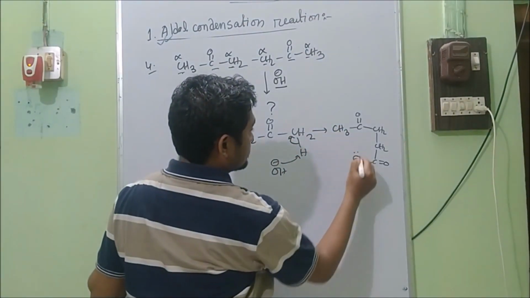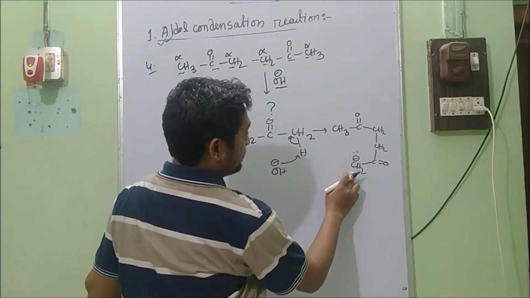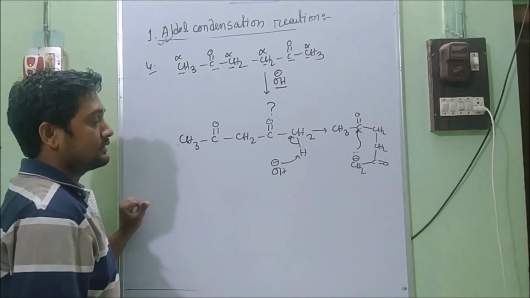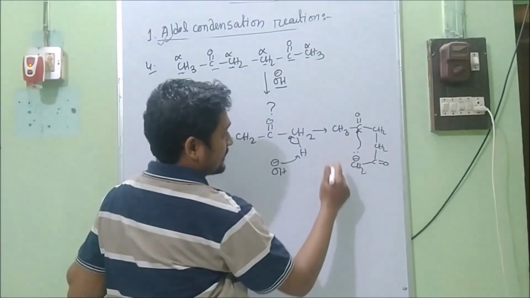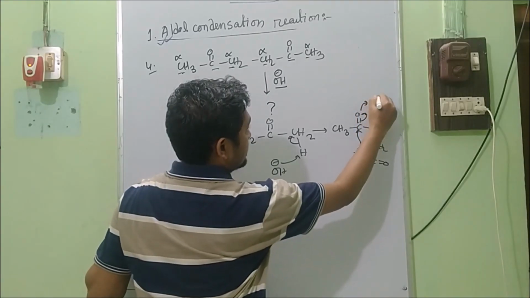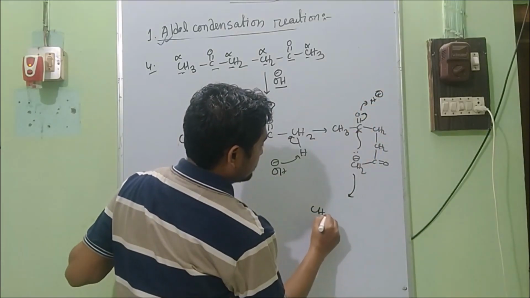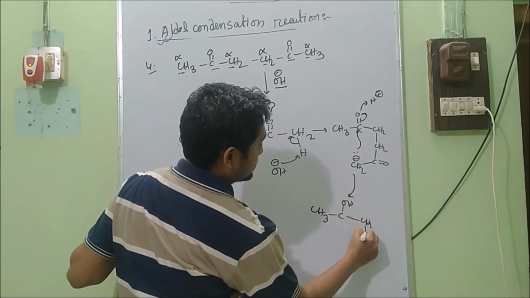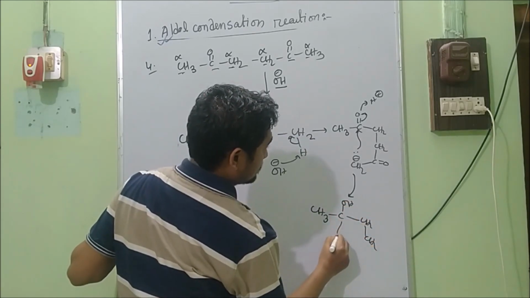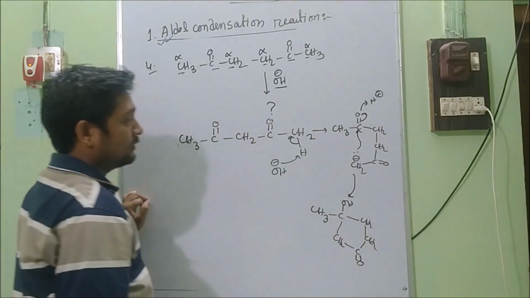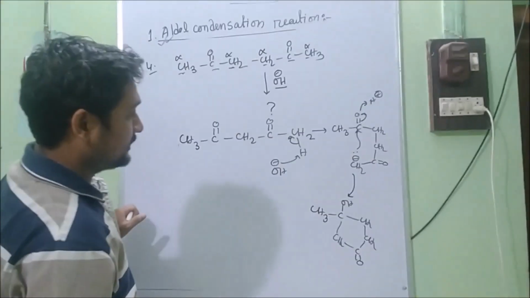Now this negative charge will attack this carbonyl group. It will take H plus and we will have CH3 OH, and here CH2 CH2 CH2 C double bond O. Okay, this is a 5-member ring.